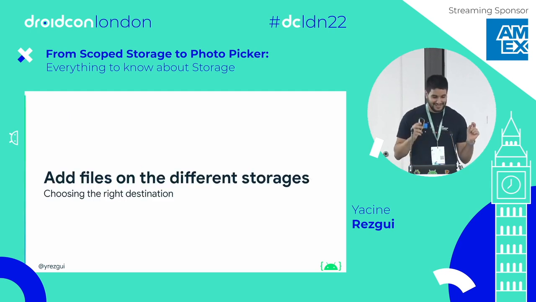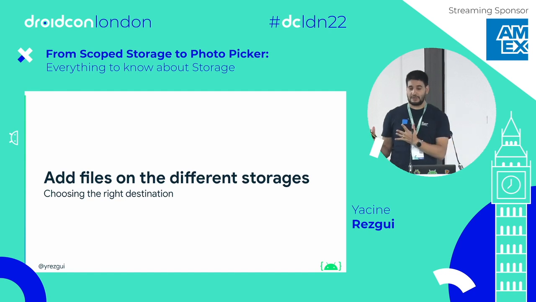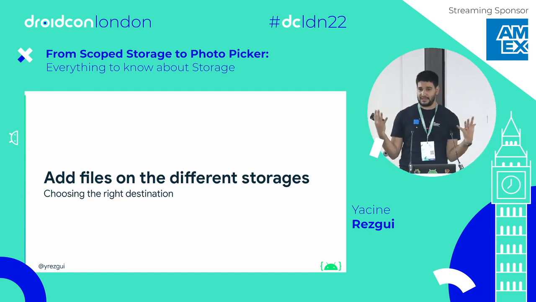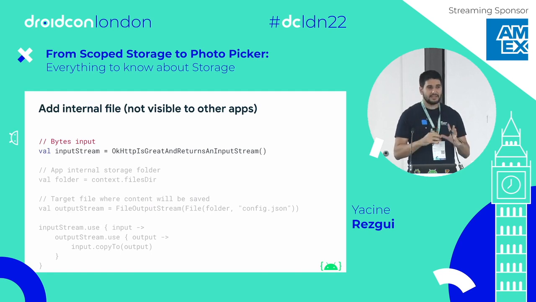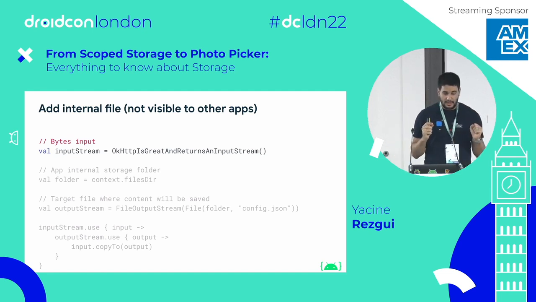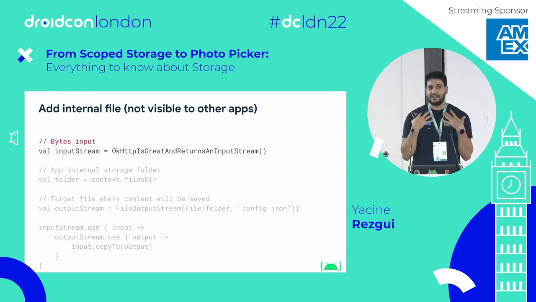Okay, now let's move into how to add files on the different types of storage. I think that's just one of the most common use cases. Let's say you're adding a file that's really particular to your app, private, maybe has passwords, something that's just for you. So if you have to make any HTTP query, I mean, I love OkHttp.